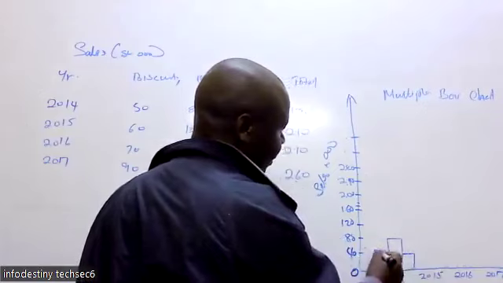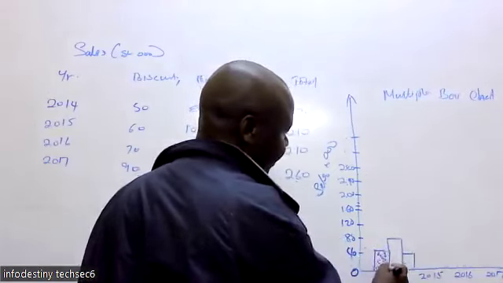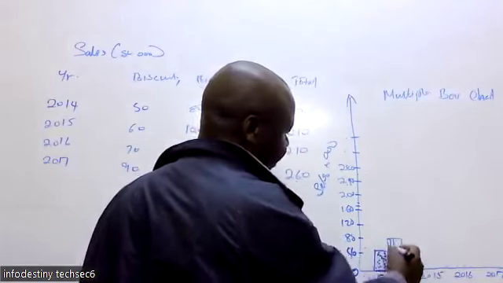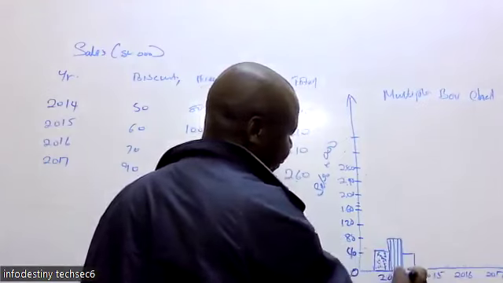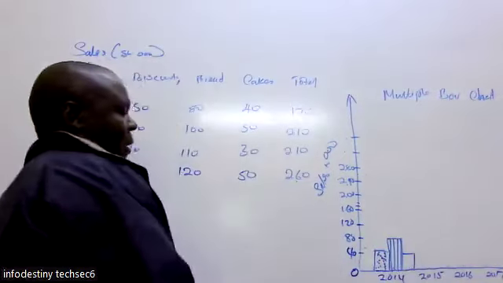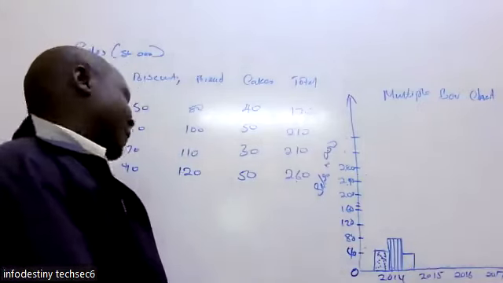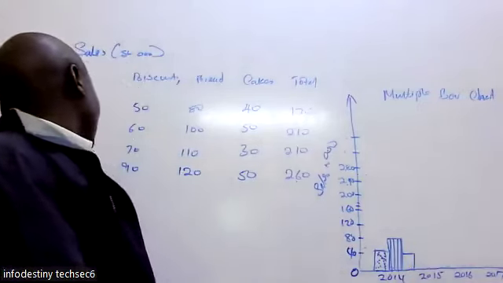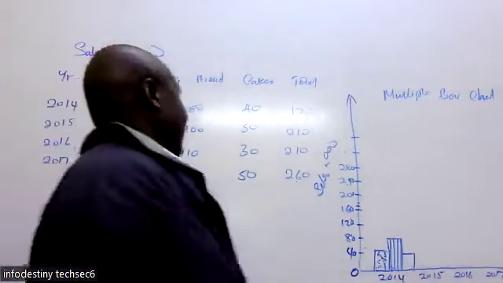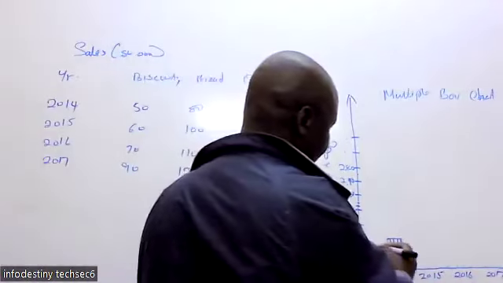Then this is for bread, and this is for cake. And then your part. We go to 2015. We have biscuits, which is 60. That 60 will be somewhere there.